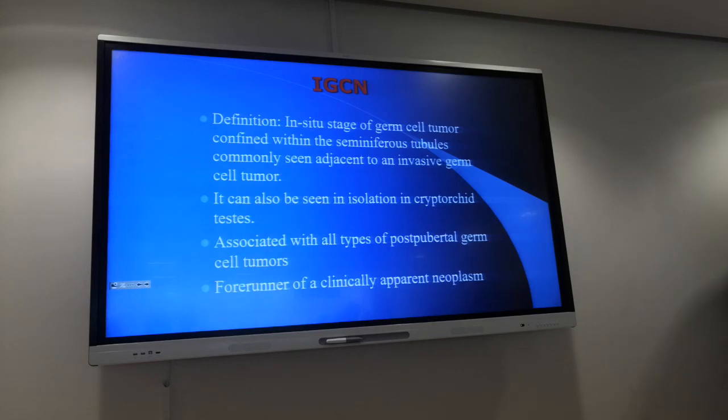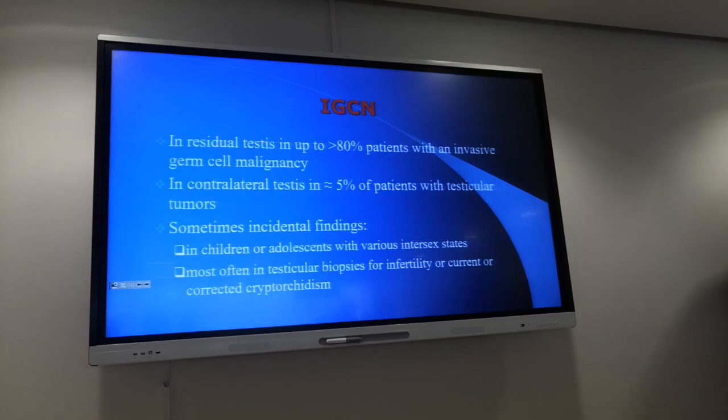This is something we have just talked about. Where do you see the IGCN? In 80% in the rest of the testis, in a testis affected with a germ cell malignancy, and in the contralateral testis about 5% of the time. Sometimes it is an incidental finding, and you see it in intersex states.